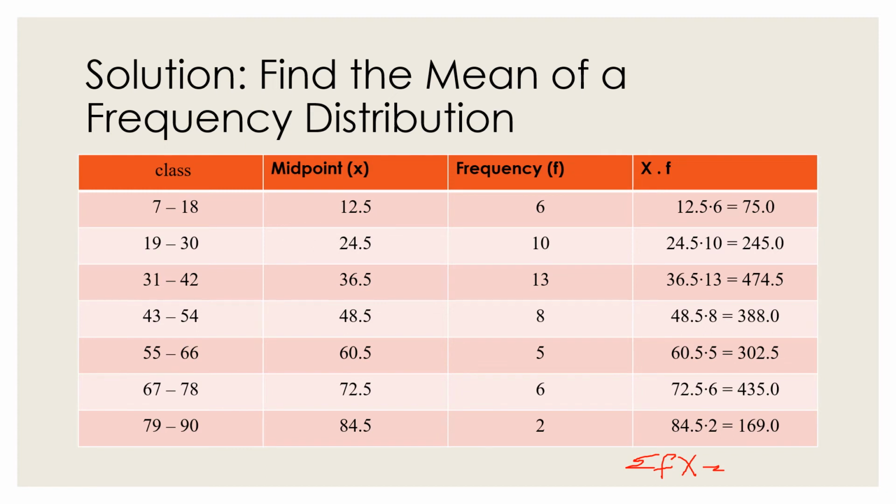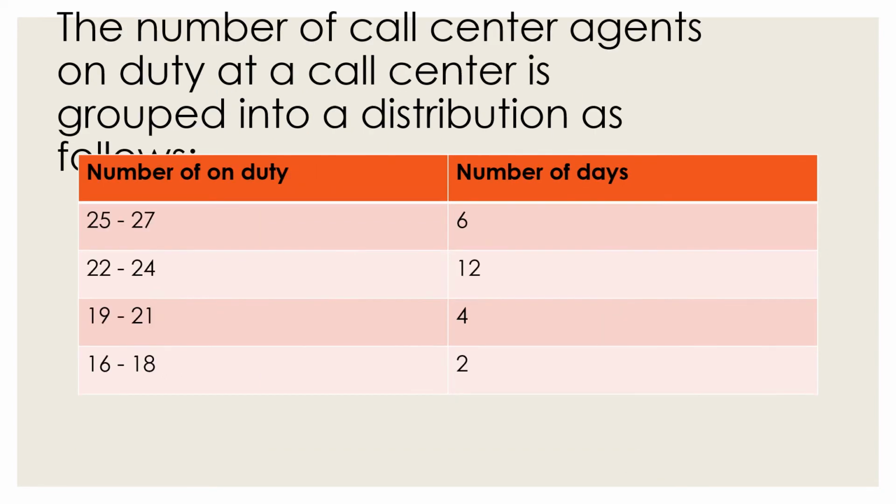Using the calculator, we have 75 plus 275 plus 474 plus 388 plus 302 plus 435 plus 169. So we have 2088. Okay, next.